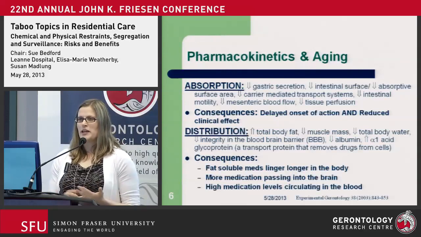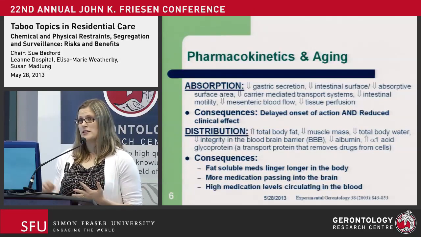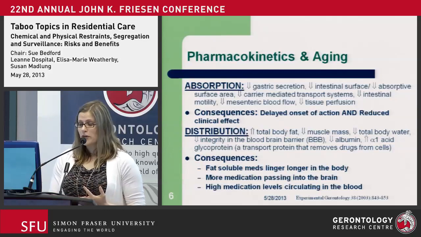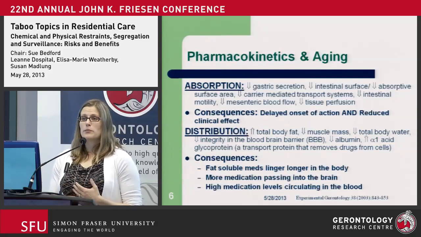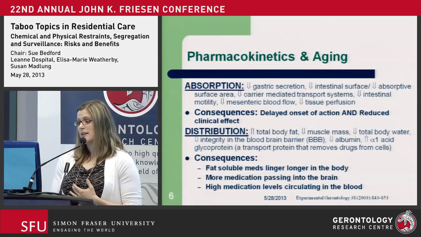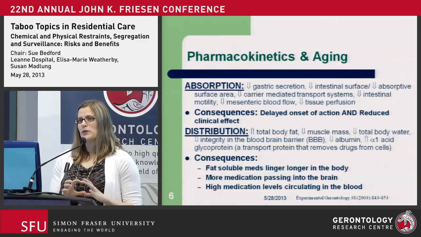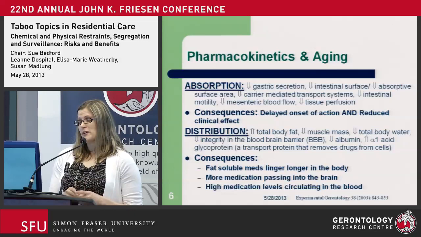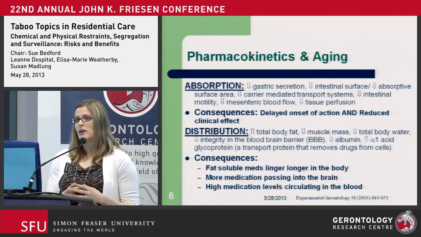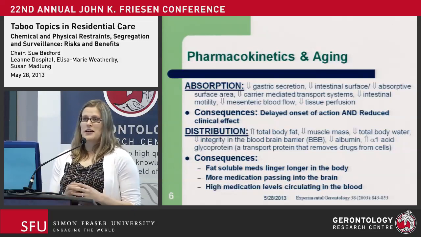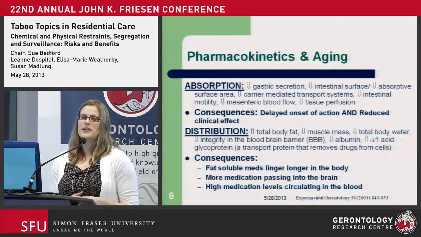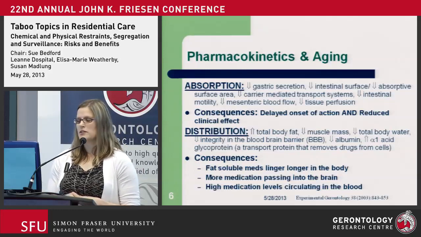Distribution. As we age, we get an increase in total body fat, and a decrease in muscle mass and water. The integrity of the blood-brain barrier is less. You have a decreased amount of albumin, which is a protein that a lot of drugs bind to. So if you don't have a lot of albumin around, some drugs start going around freely, and you have increased risk of side effects as well.